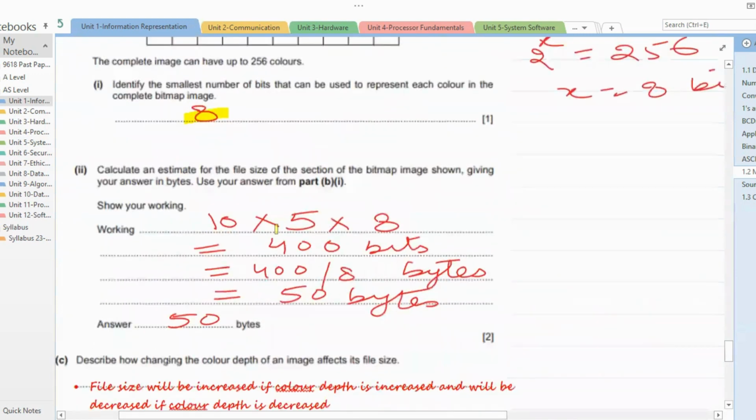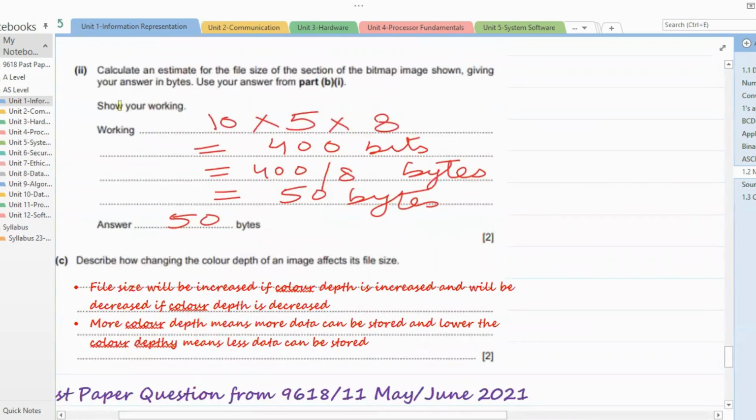Now, they are asking that you give your answer in bytes, right? So 10 into 5 into 8 gives you 400 bits. Now these 400 bits you can convert to bytes by dividing it by 8, which gives you the answer in bytes. So 50 bytes is the answer. Okay.